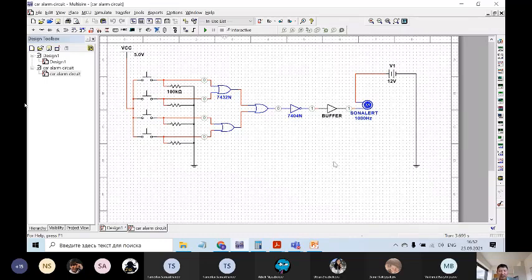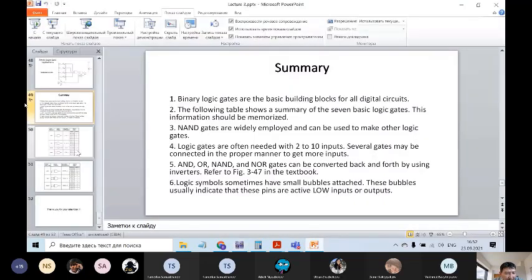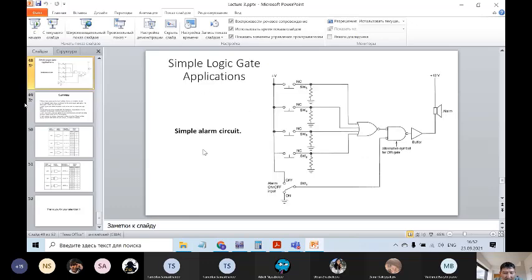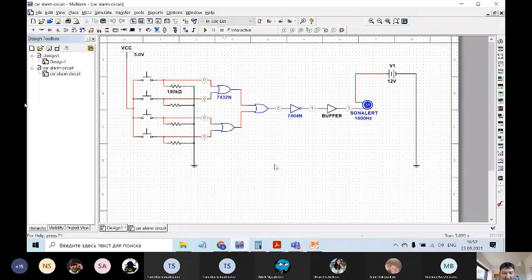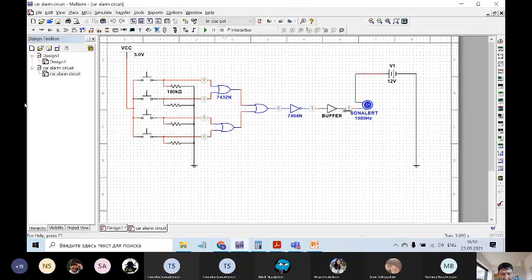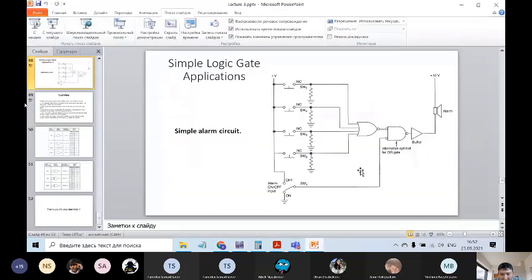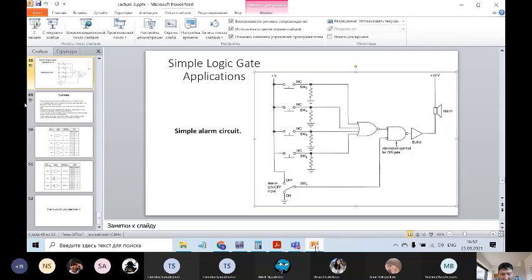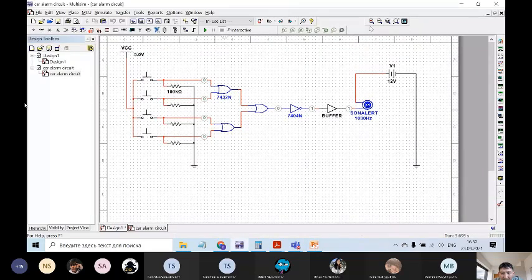This was from this slide, right? It's just a simple alarm circuit. Here you can see that it's the same, but what is the difference between this one and the one I've assembled? Can you see the difference?